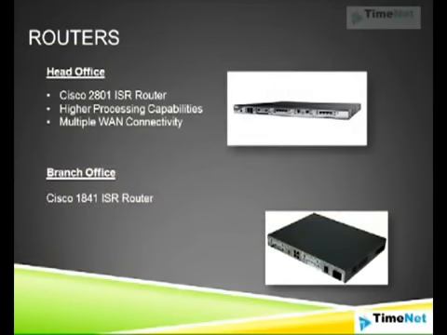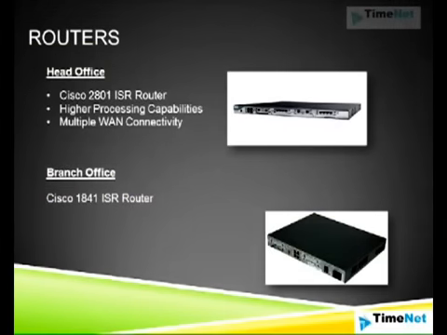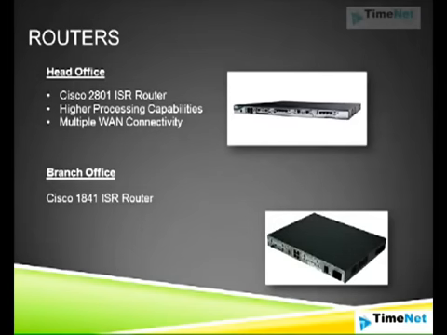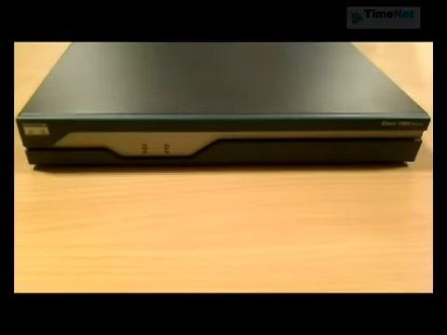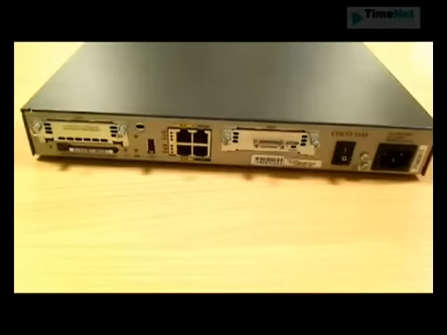Now we can have a look at this branch office router, which is a standard Cisco 1841 router. Compared to the Cisco 2801, this one has a lower number of interface card slots. This is the front panel of the 1841 router, and this is the rear panel. Now we can have a detailed look at the ports and interface card slots.